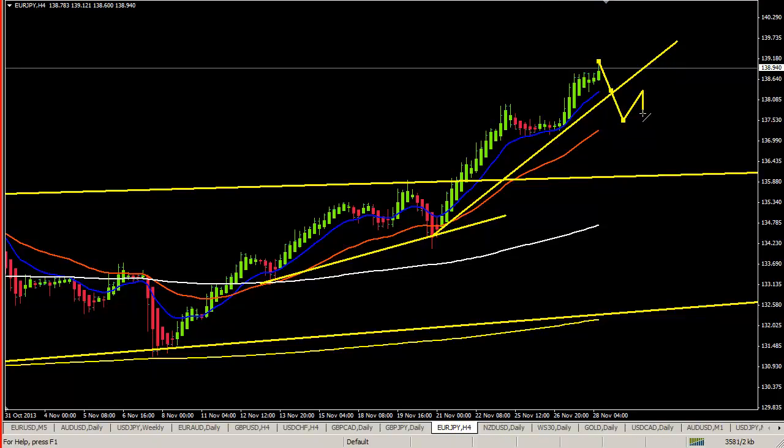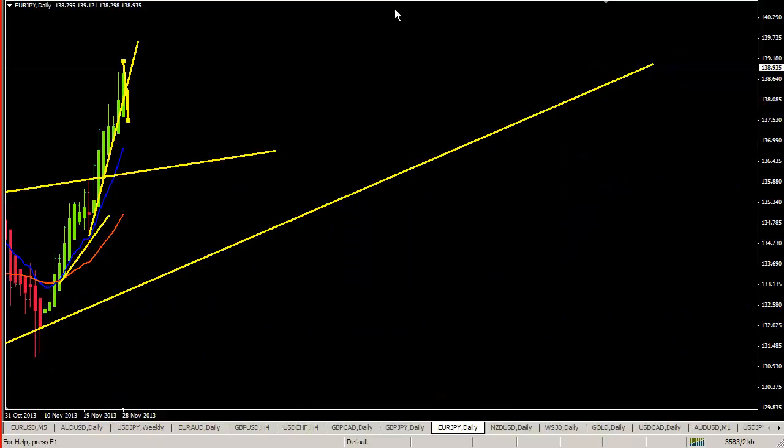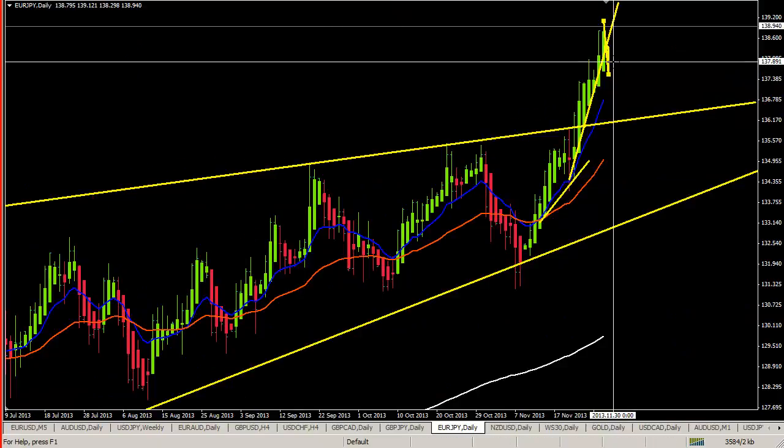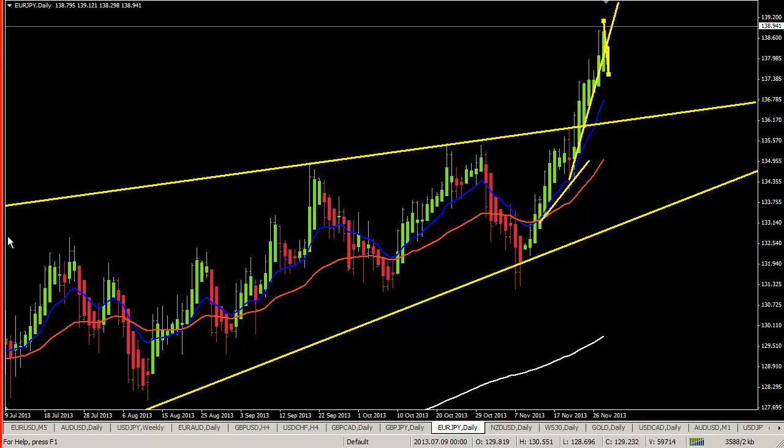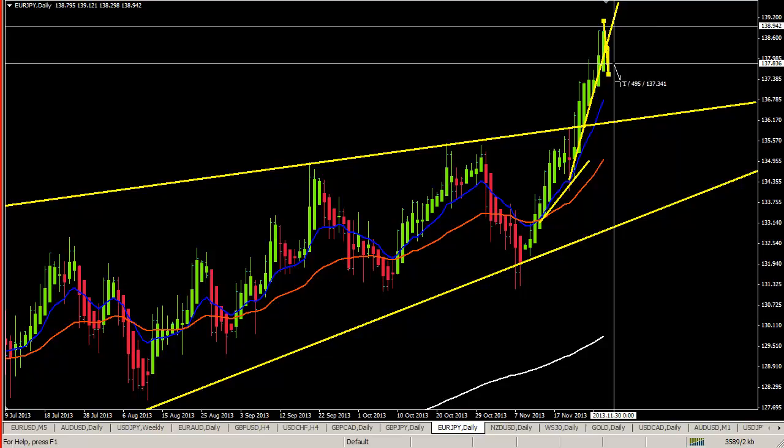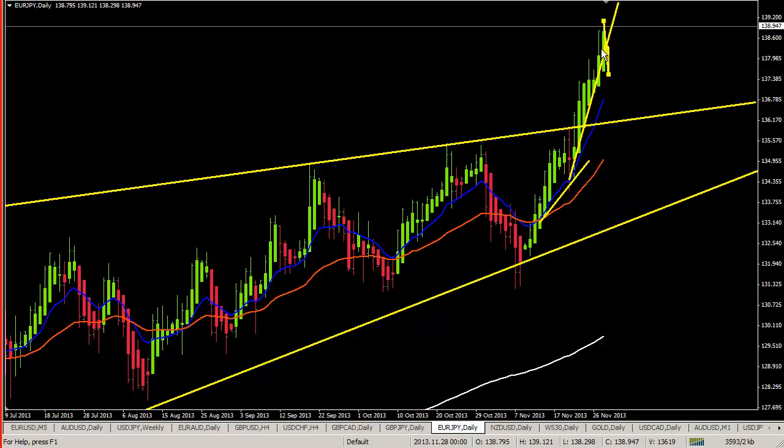Then you can hedge it up and look for a bigger retracement on the daily chart, because the price might move back to here, to your previous highs and the high of this range, wedge and channel, or it might even be below that.